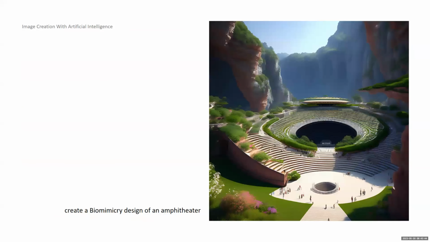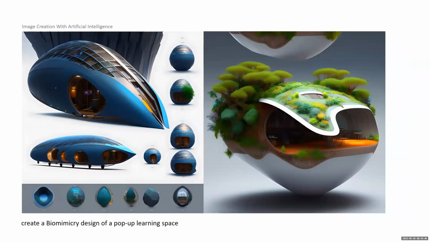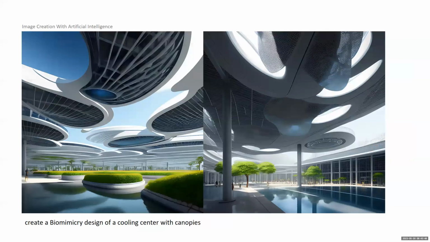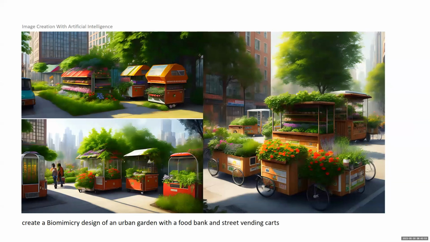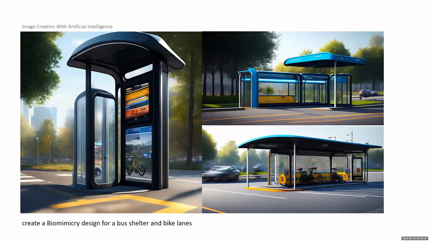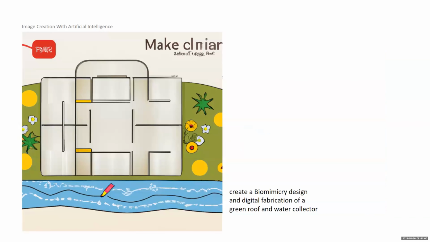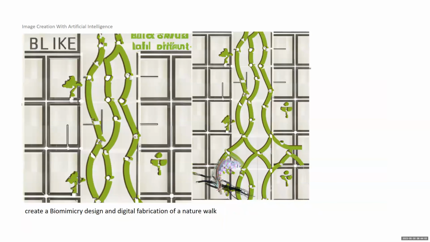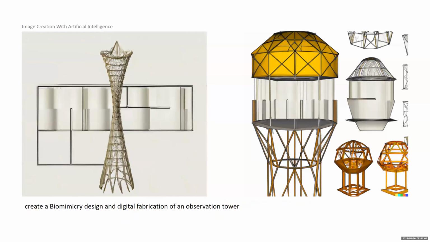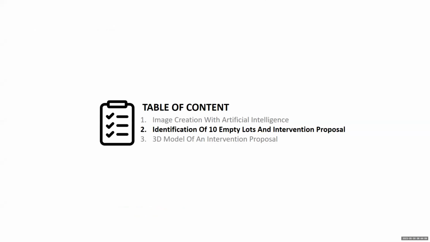Another one, amphitheaters, pop-up learning spaces, cooling centers with canopies, food banks and street vending carts, bus shelters and bus lanes, water collectors, nature walks, observation towers, restaurants. And then we had the identification of 10 empty lots and intervention proposals.